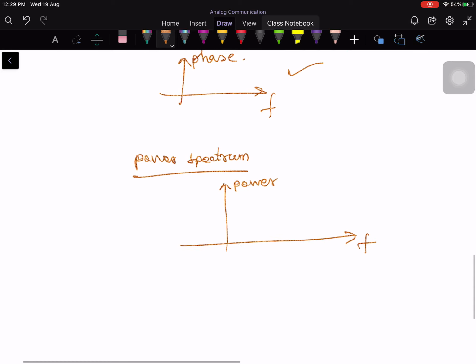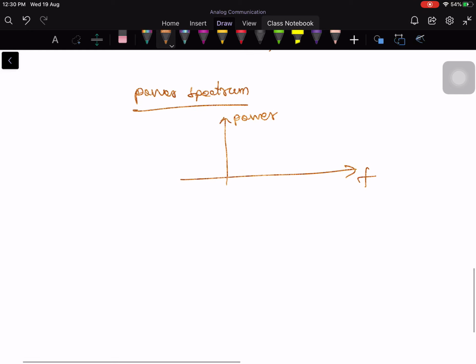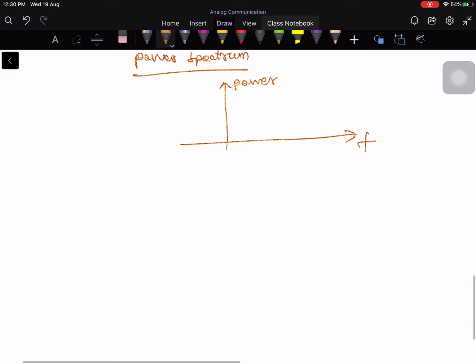So as I said, the spectral occupancy of a signal is one of the important attributes that we need to look at when we are talking about communication signals, because the bandwidth that a particular signal requires is very, very important. Spectral occupancy.